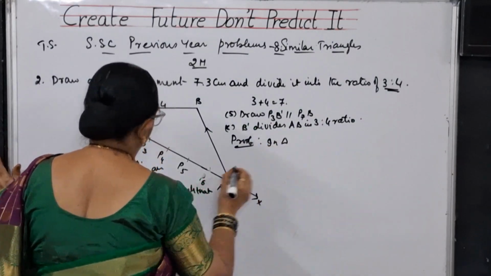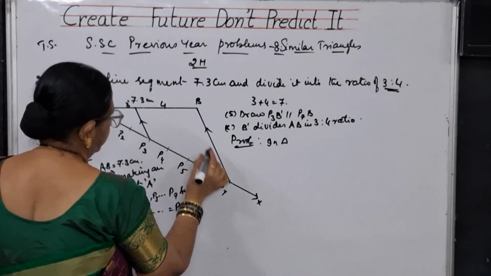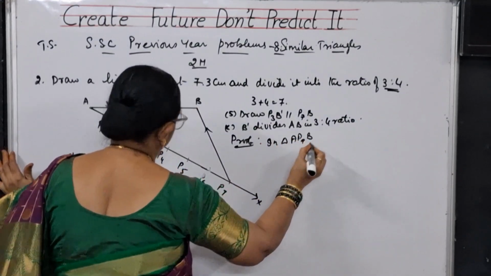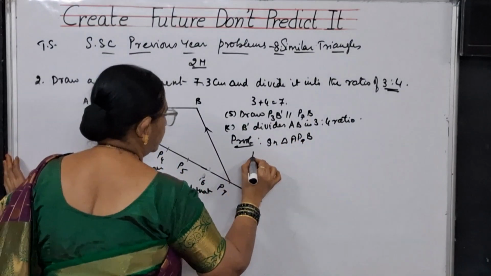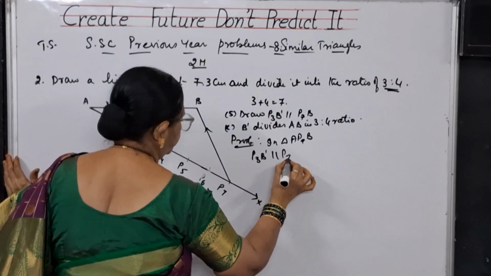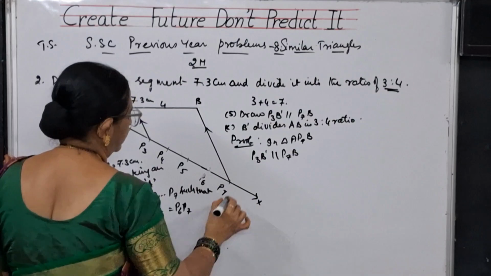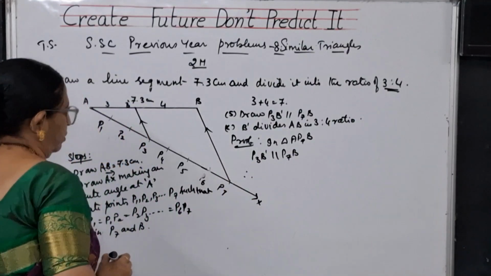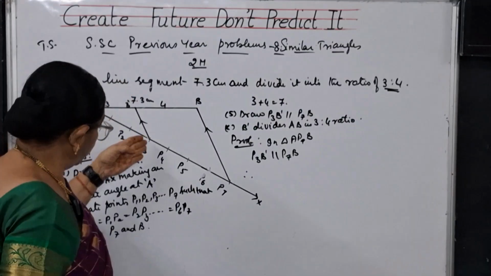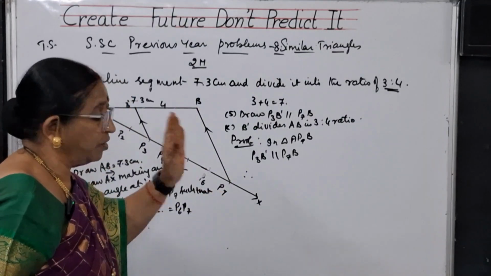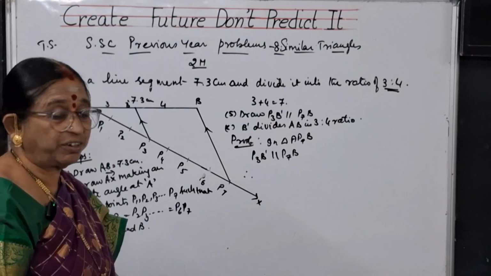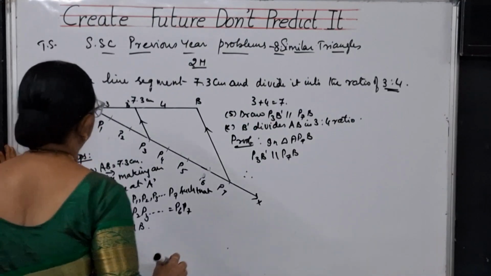In triangle A P7 B, P3B dash is parallel to P7B. Therefore, you know BPT, if a line is drawn parallel to one side of a triangle, it divides the other two sides in the equal ratio.